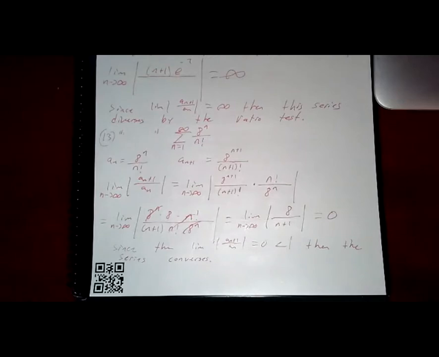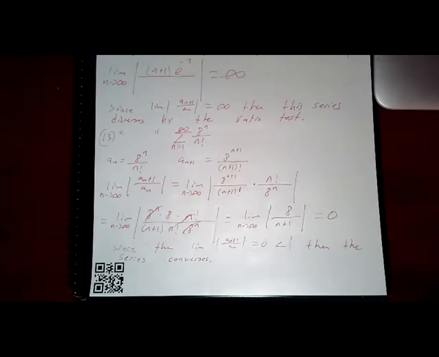I have a quick question. When we reach the limit as n goes to infinity, 8 over n plus 1 equals 0. Do I have to show why it's equal to 0, or can I just write it this way?